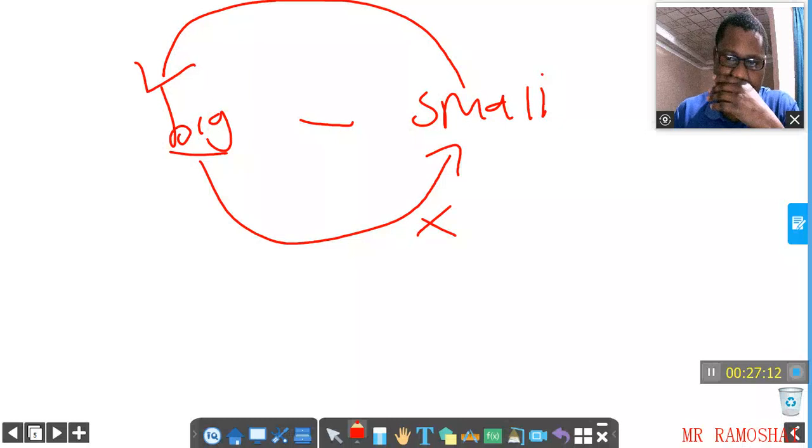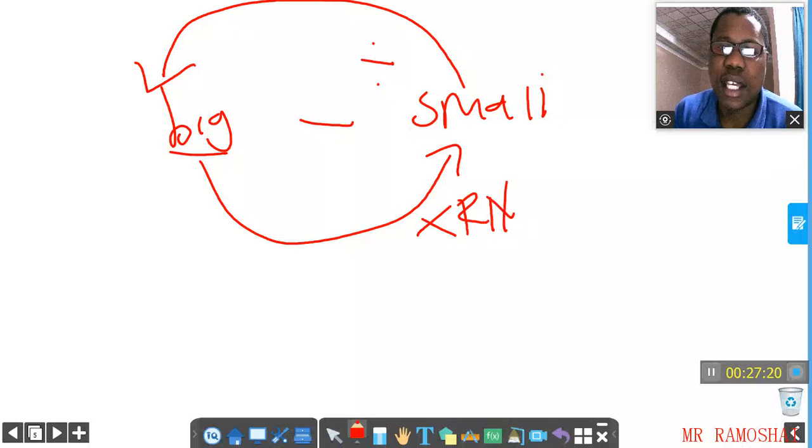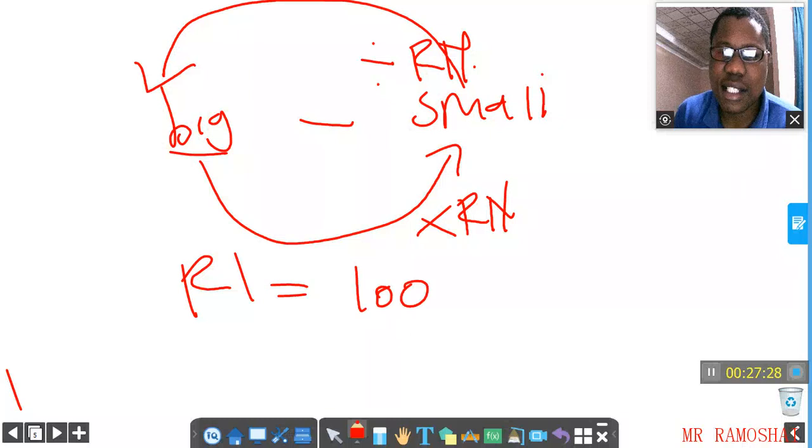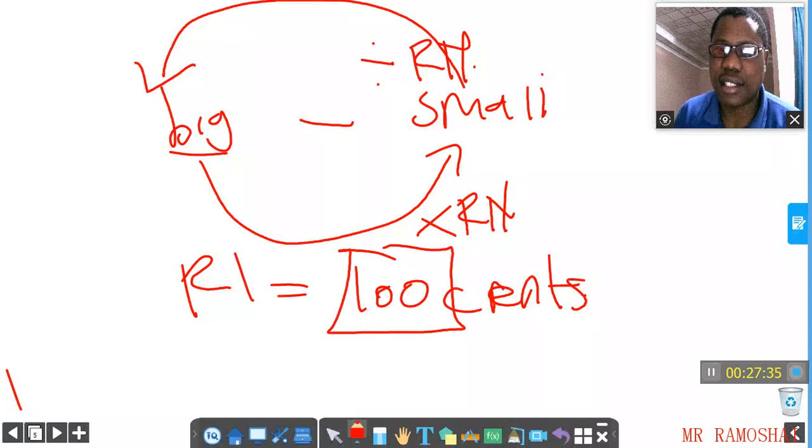And when you convert a small unit to a big unit, you divide. You multiply or divide by the relationship number. Right? So between rand and cent, what is the relationship number? The relationship number is 100. Right? So now the question is, do we divide or do we multiply?